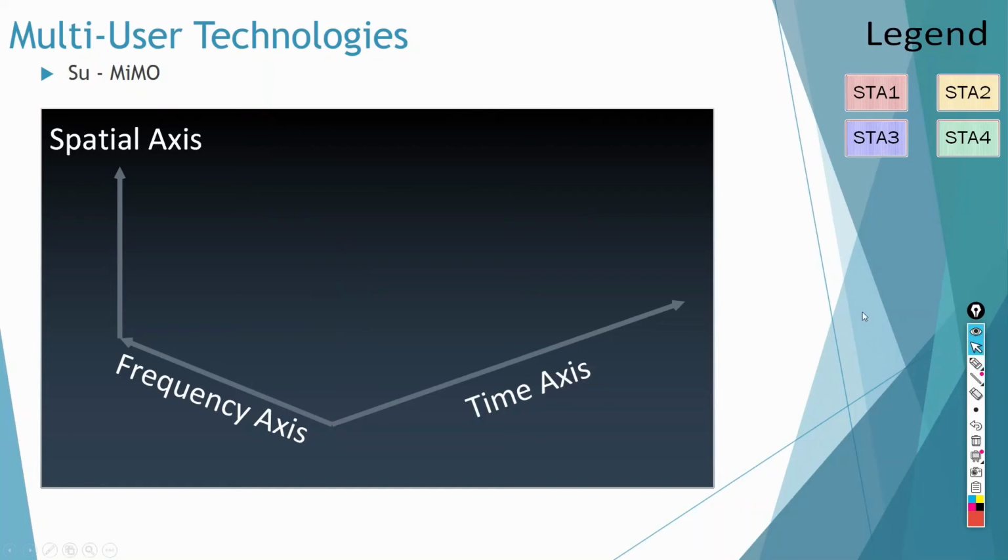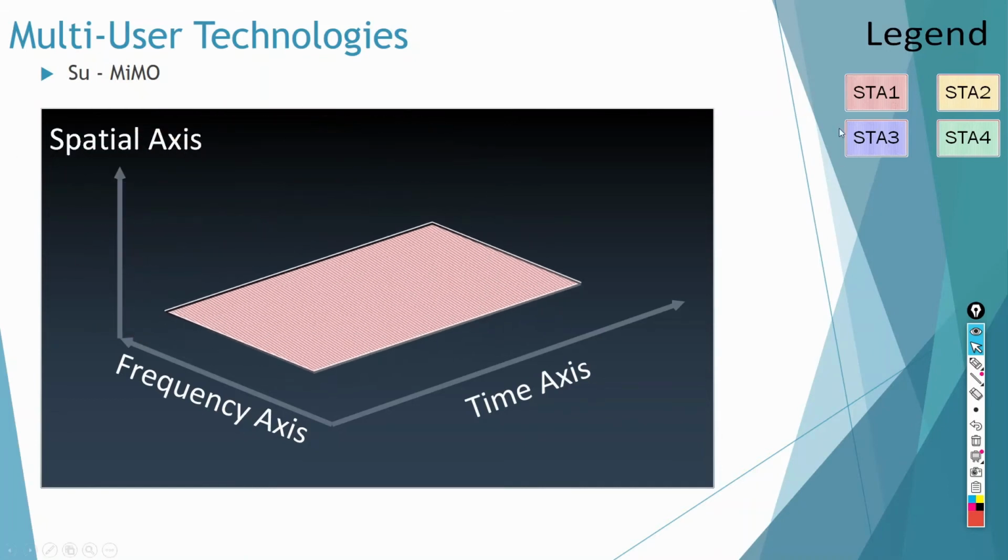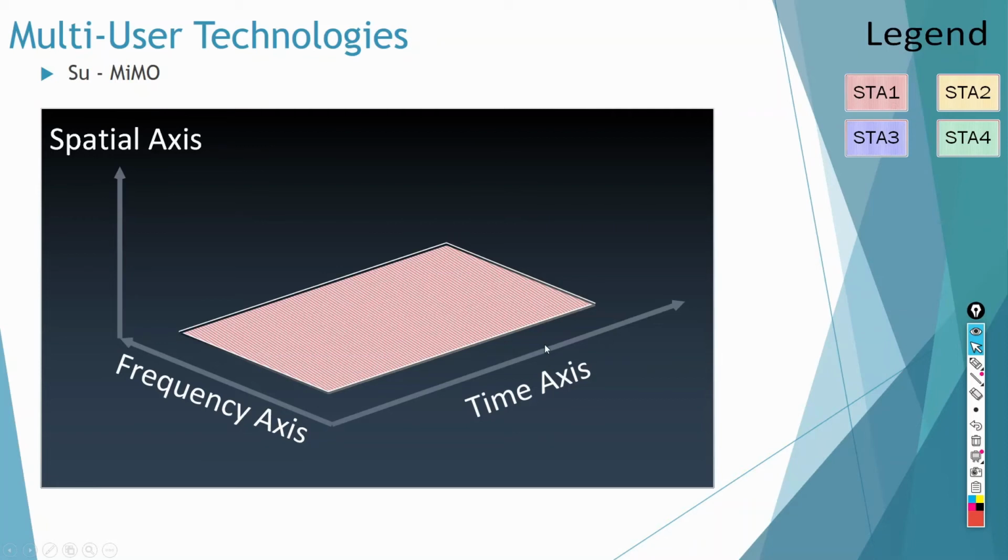Now let's start with a single user transmission. I will go a little bit slower in explaining. So we have user 1. Now this one will be given the time to transmit, but at the same time it will use or reserve all the frequencies within the channel, and all the access point antennas will be used to beam or steer the transmission toward the client.